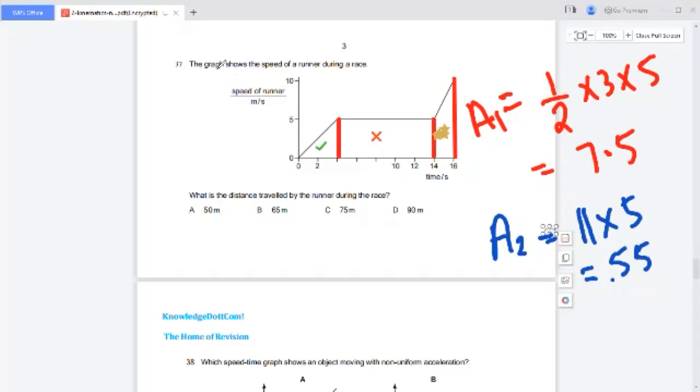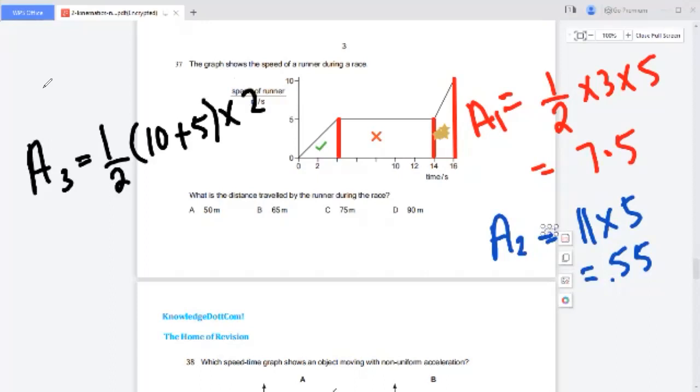So this side is 5 and this side is 10, and the connecting line is 2, so height is 2. 1 by 2 into the sum of parallel sides 10 plus 5, multiplied by height. Height is 2, so 2 is cancelled with 2, we have 15.